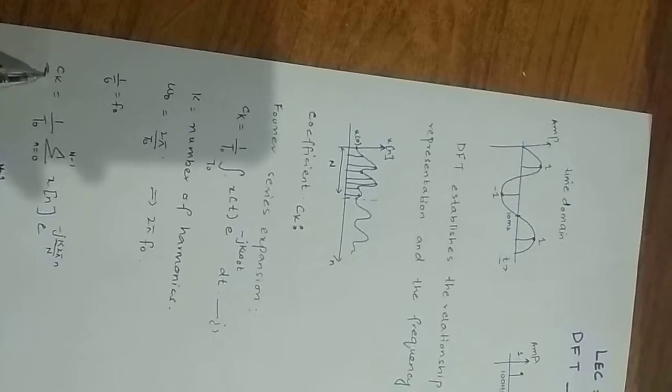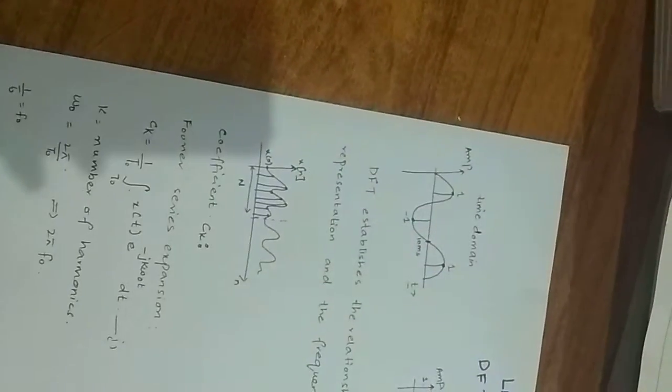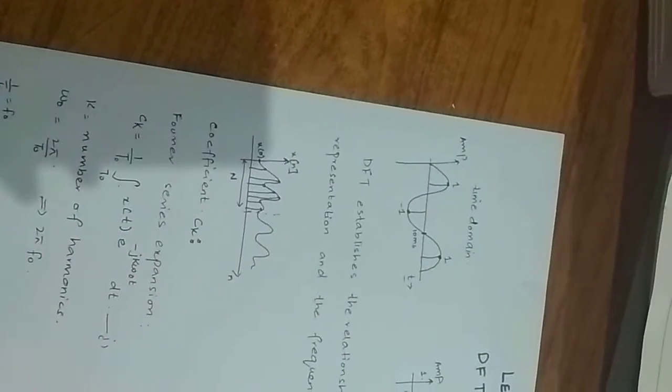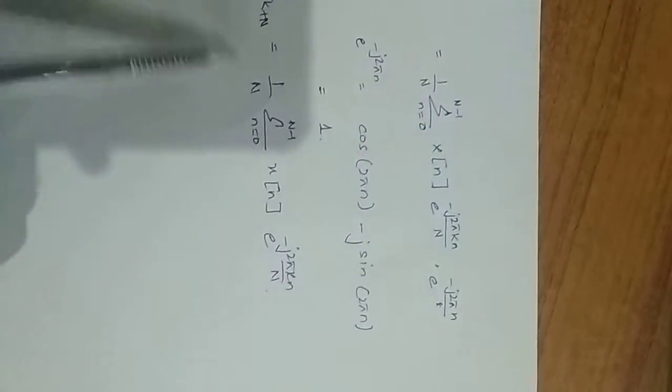Okay, this is the same equation as we have derived earlier. This one, C of k, you're seeing this is the same equation that we have derived now. See, it's the same.